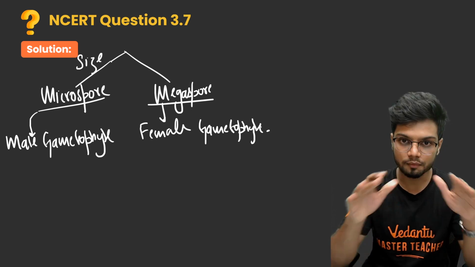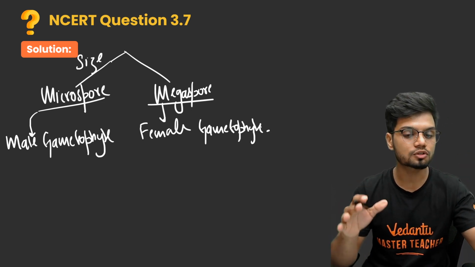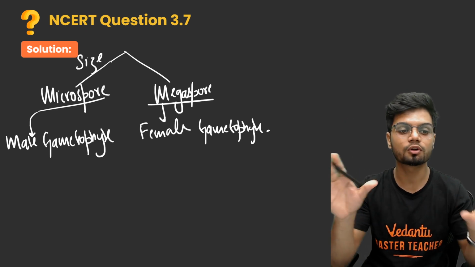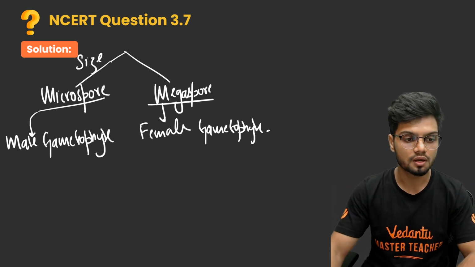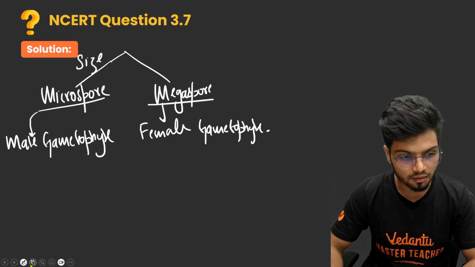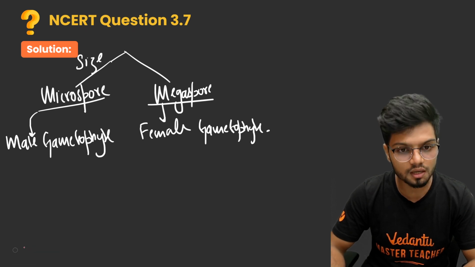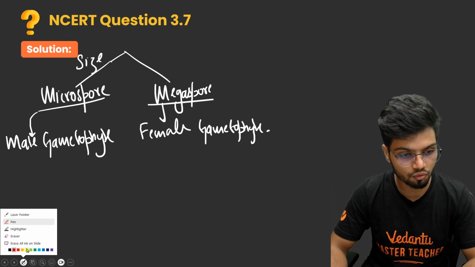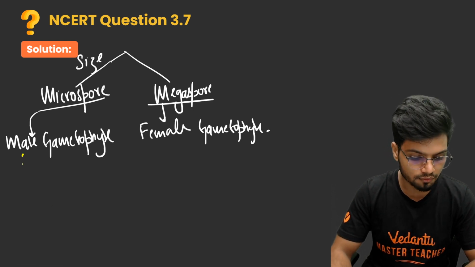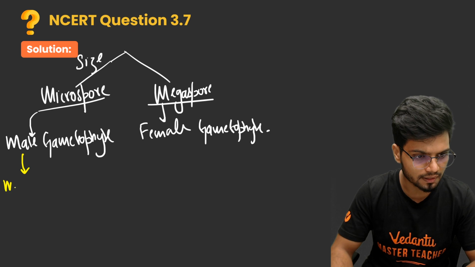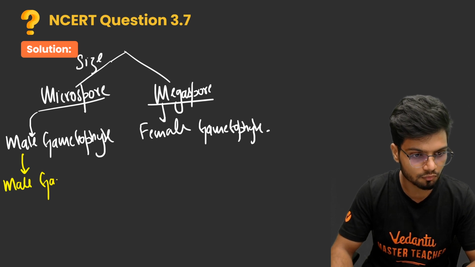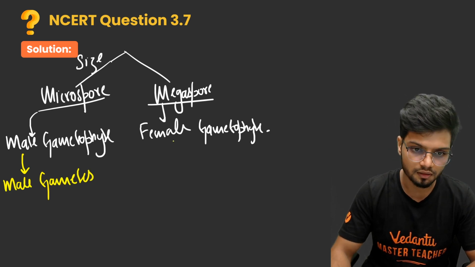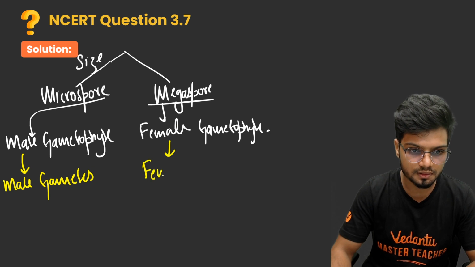So we have two types of spores. The smaller one is called microspore, the larger one is called megaspore. The microspore gives rise to the male gametophyte, and the megaspore gives rise to the female gametophyte. The male gametophyte will produce male gametes, and the female will produce female gametes.